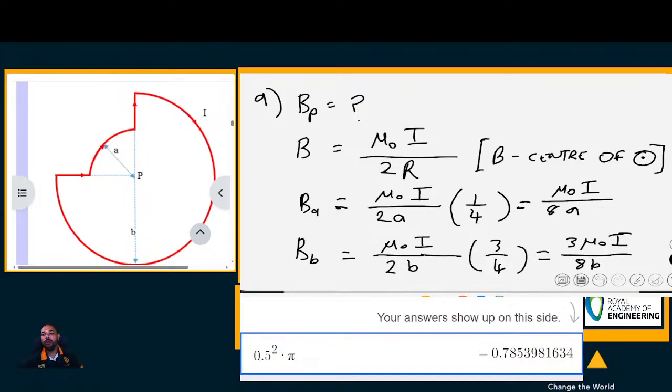So what is the combined magnetic field strength at point P then? It'll just be the sum of these two.